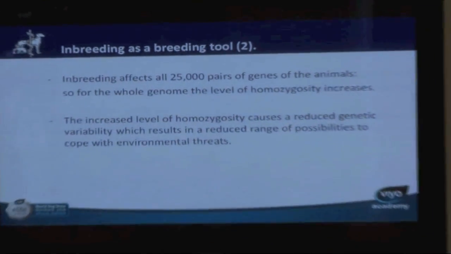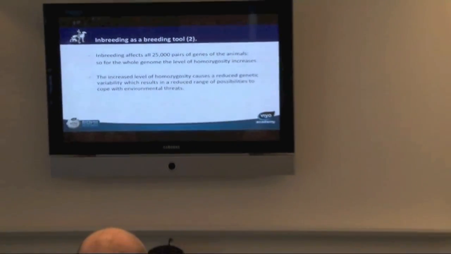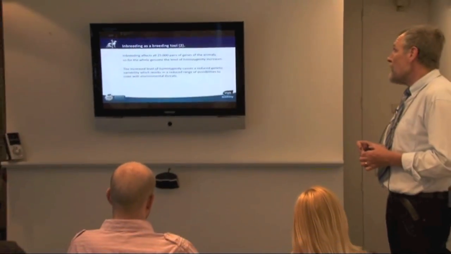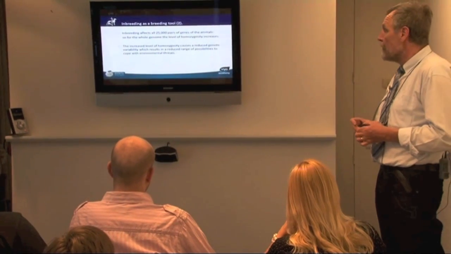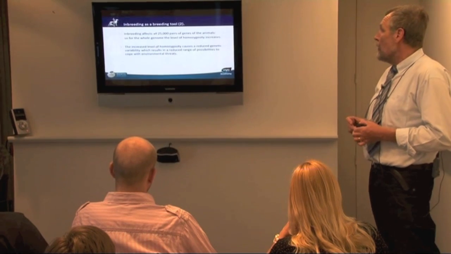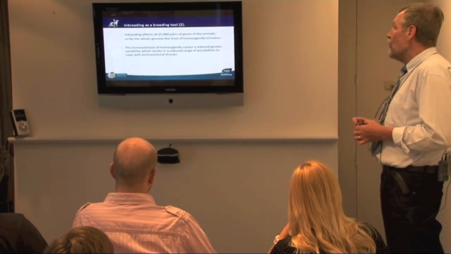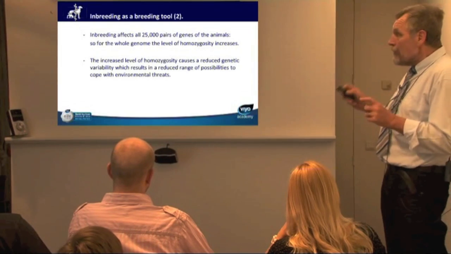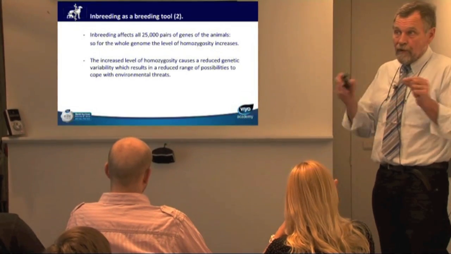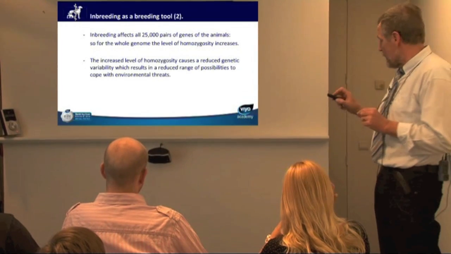And you should realize that an increased level of homozygosity causes a reduced genetic variability within your breed population, which results in a reduced range to cope with environmental threats. So inbreeding does have consequences for the animal as a whole, for the population as a whole.